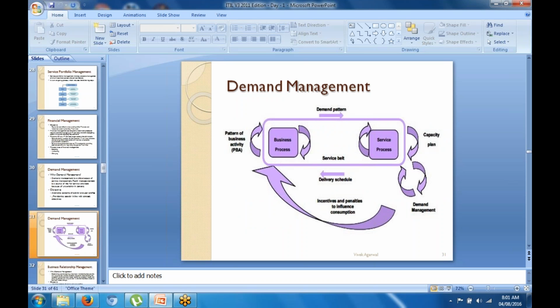If you see demand management in a diagram, it starts with the pattern. Business patterns mean the way of working. If you want to analyze demand patterns of a business process, that is the normal operation, the rectangle in between.